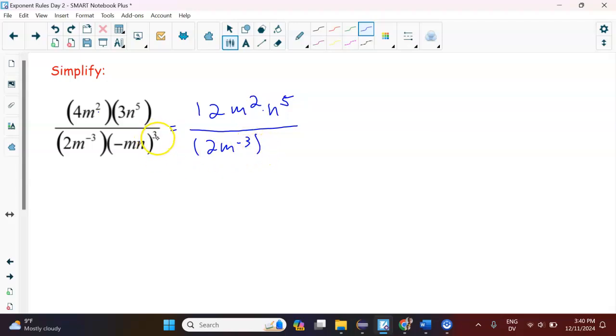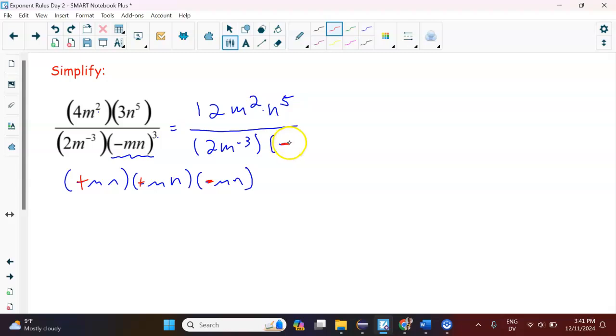Okay, and then this 3 means we have that negative mn, 3 times. So what that's going to look like, just this little piece right there, we're going to have a negative because 2 of the negatives will kind of pair up and cancel, make a plus when you multiply, but then we have 1 extra.